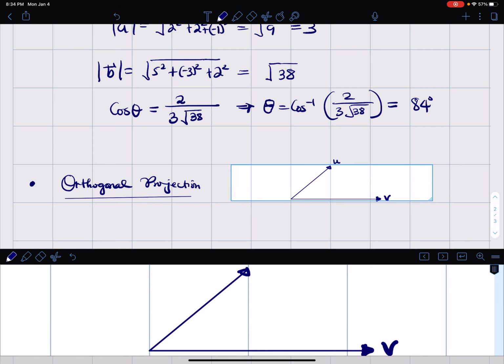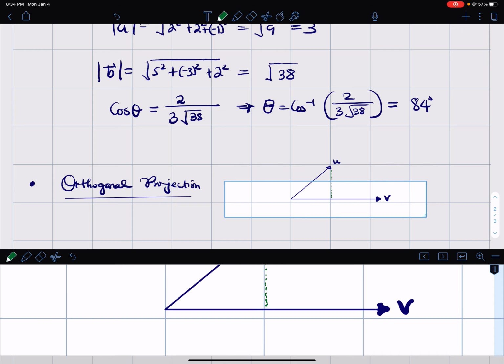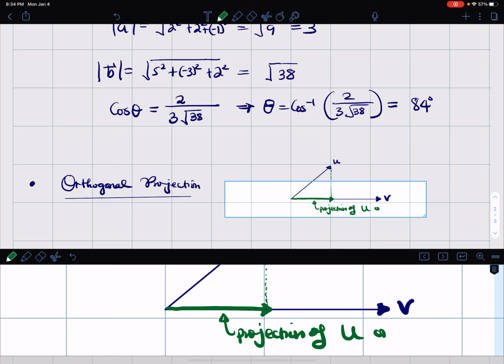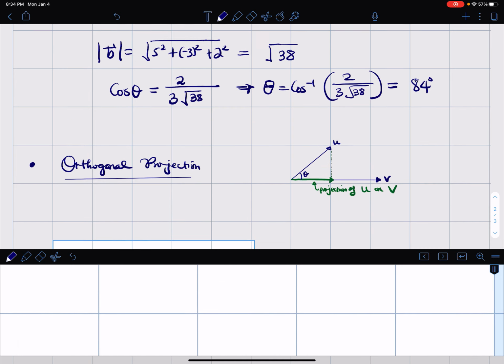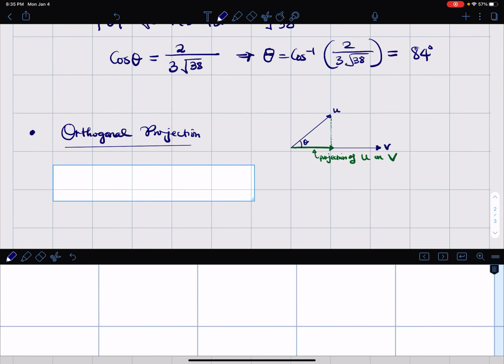Now, assuming that the vector u casts a shadow on v, so its shadow is on v. Think about it that way. So we look at this as the projection of u onto v. Now there's an angle between them.